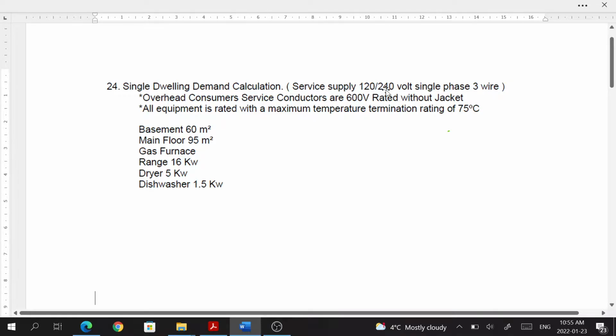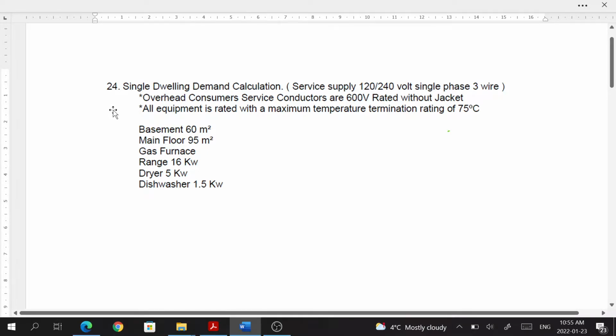We're dealing with a 120/240 volt, 3-wire system, overhead consumer service conductors, which are rated at 600 volts and rated without jacket. And we need to keep in mind that all termination points are going to be rated at 75 degrees Celsius.